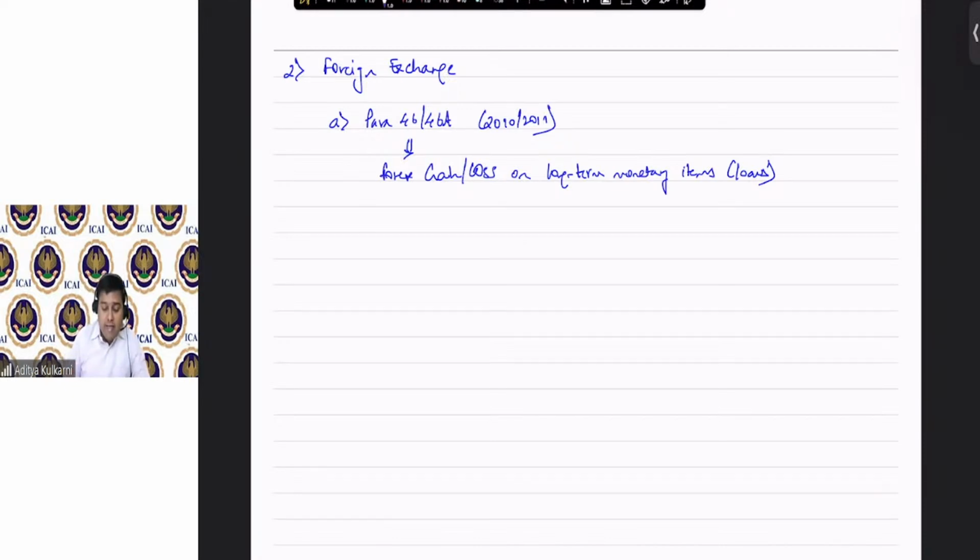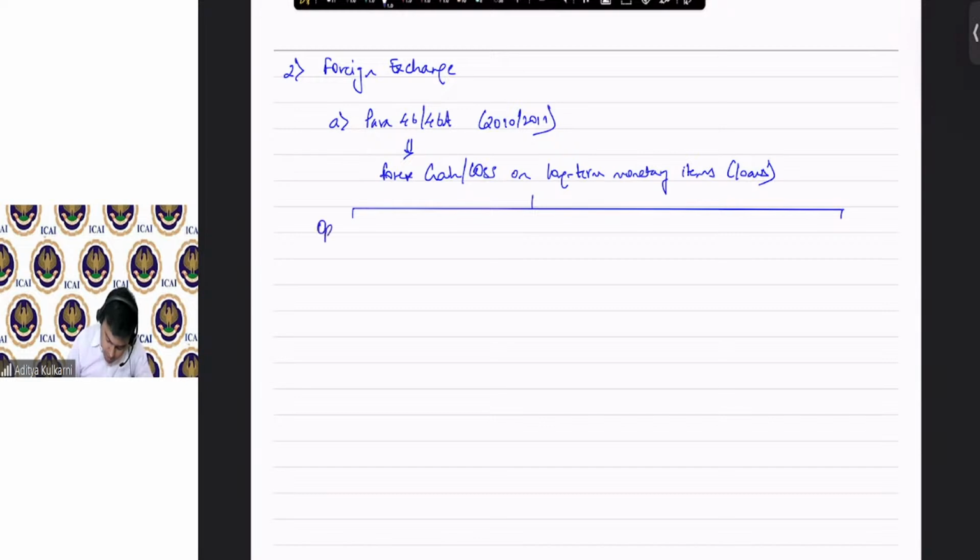So the forex gain or losses could go either of two ways.